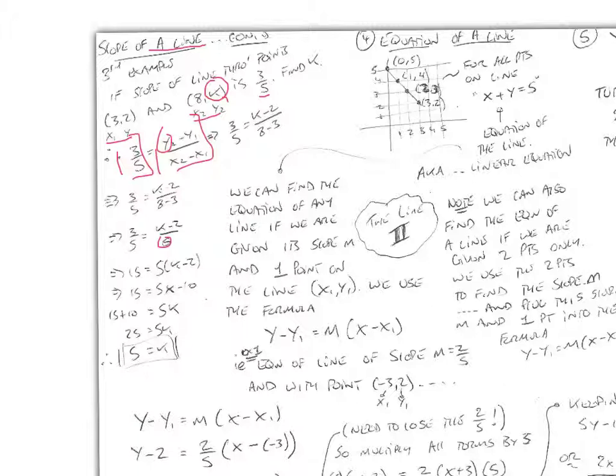And 5 threes are 15, is equal to 5 by k minus 2, which is cross-multiplied there. So 15 is equal to 5k minus 10. So 15, bring over the minus 10, becomes plus 10, is equal to 5k, which we've isolated, we want it on its own. 5k must be equal to 25, k must be equal to 5.